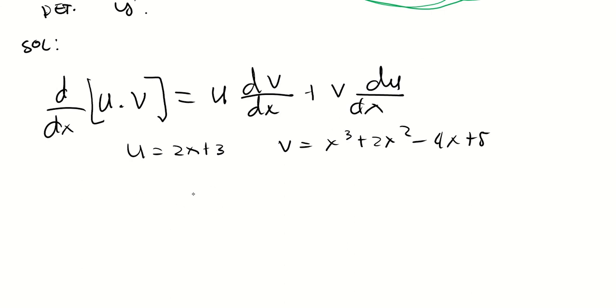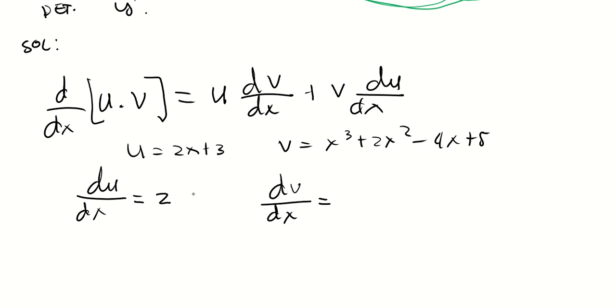Then we need to know the derivative of u with respect to x. So this will be equal to, derivative of 2x is 2, derivative of 3 is 0. Next, derivative of v with respect to x.